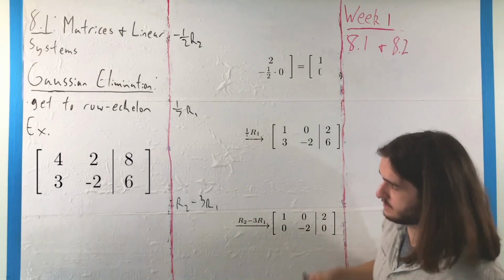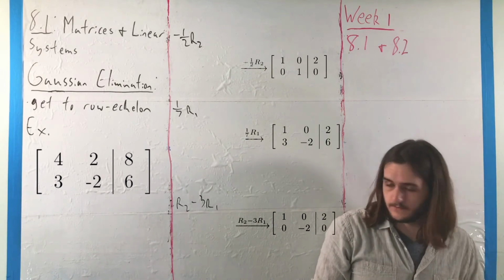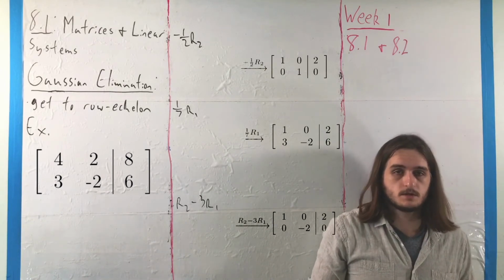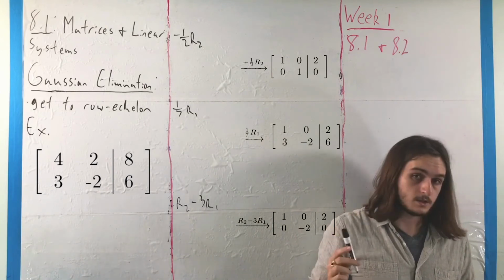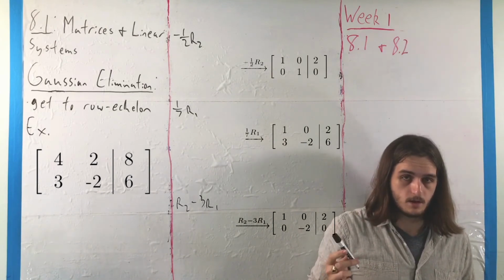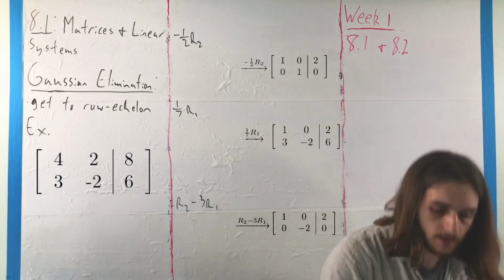And then on the other side, we've got that term on the other side. So what we'll be left with after the simplification is a matrix with 1, 0, and 2 in the first row, along with 0, 1, and 0 in the second row.